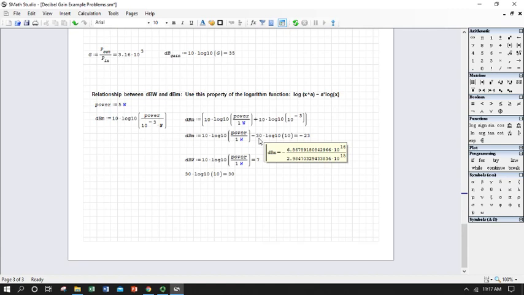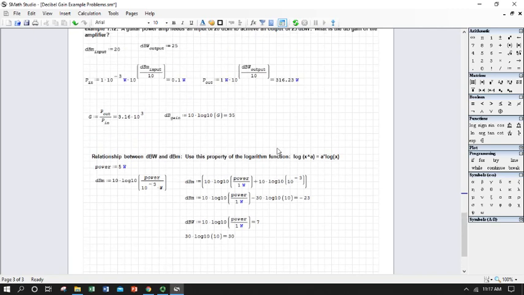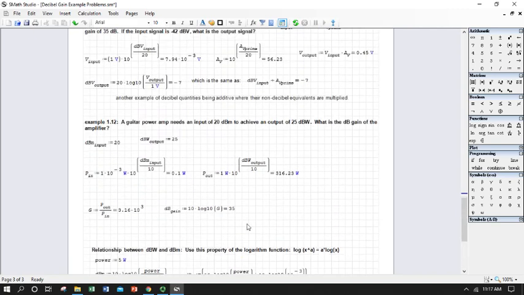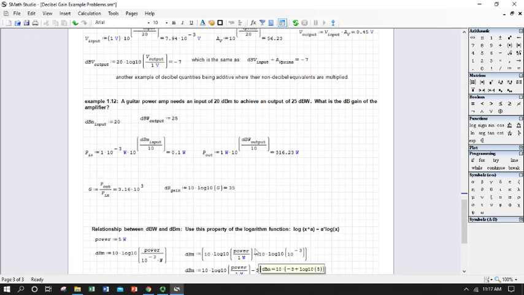So if we subtract 30, we can go from a dBm to a dBW, so our conversion factor is 30 in this case. There may be a sign error in here, and I apologize. It will be corrected in the file in Canvas.